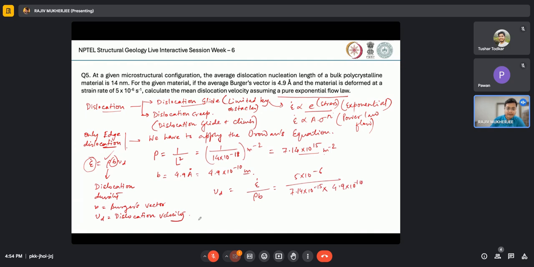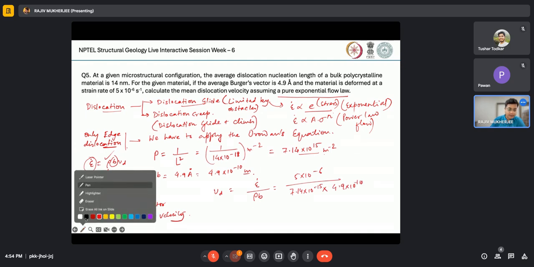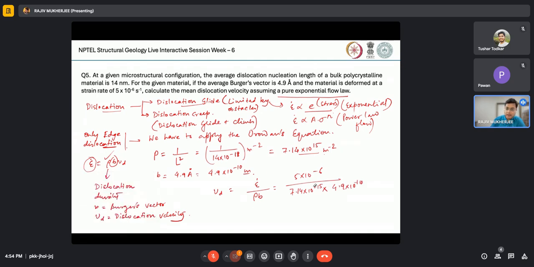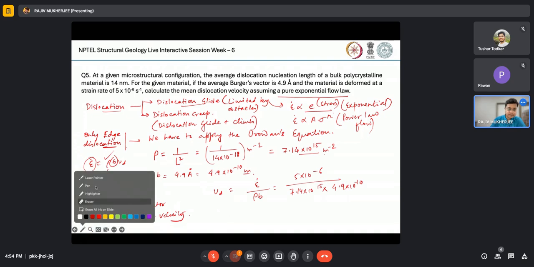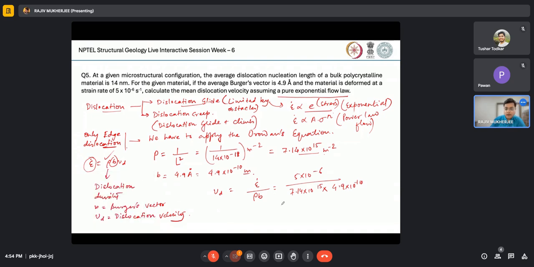Sorry, it's not minus 15, it's to the power 15. I've written it wrong. So it's 5 into 10 to the power minus 6 into 10 to the power 5, divided by 7.14 into 4.9.